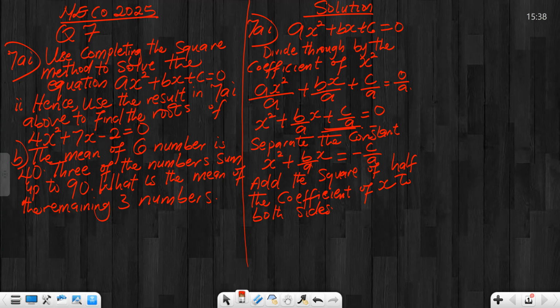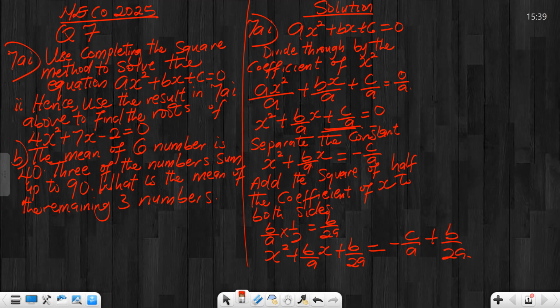The coefficient of x here is b all over a. Half of it is b all over 2a. We are going to add it to both sides. So we are going to have x squared plus b all over a x plus b all over 2a, remember we are adding it to both sides, equal to minus c all over a plus b all over 2a.